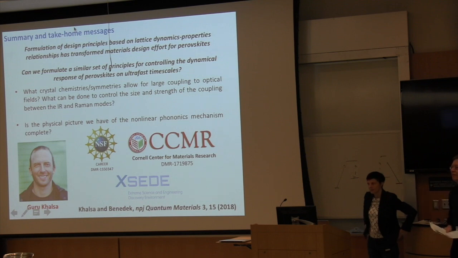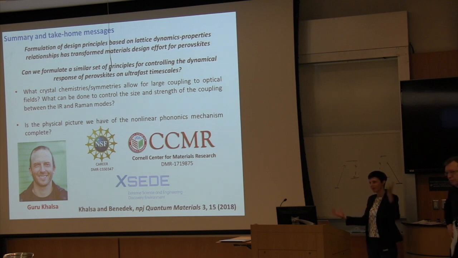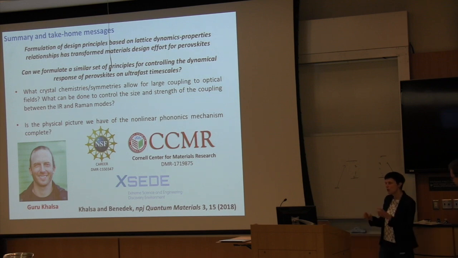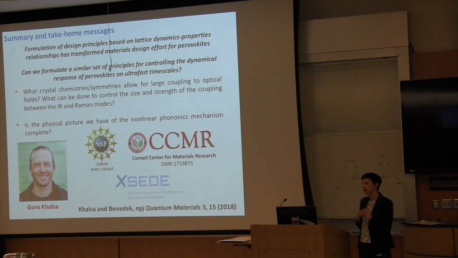How big are the samples you're modeling? We have 3D periodic boundary conditions, so there are no surfaces. Right, and the laser field is just uniformly distributed throughout? The laser is not in our simulation.